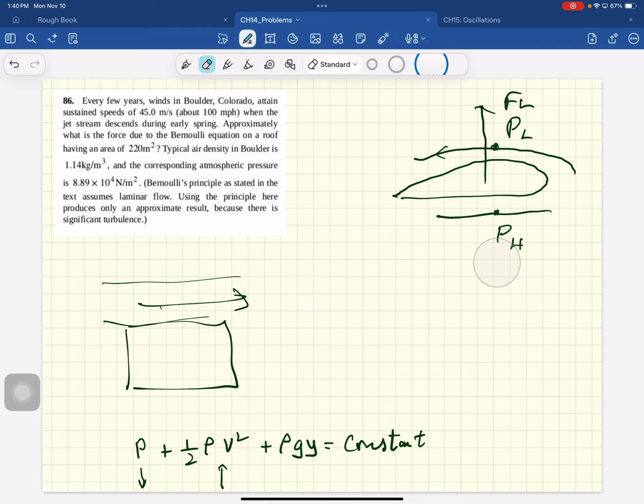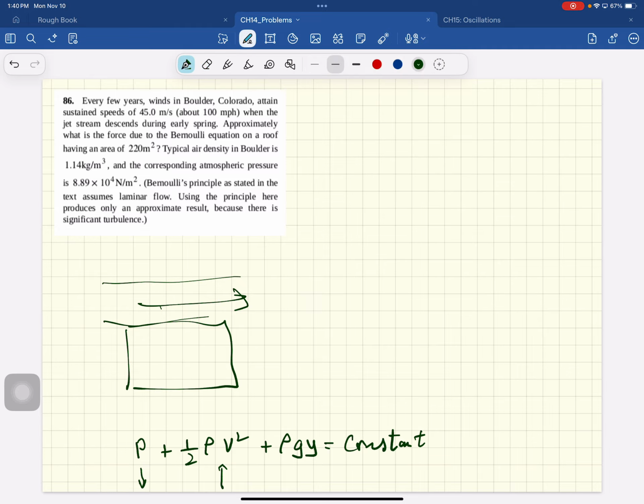Anyway, coming back to this problem: every few years, winds in Boulder attain sustained speeds of about 100 miles an hour when the jet stream descends during early spring. Approximately, what is the force due to Bernoulli's equation on a roof having an area of 220 meters square? 220 meters square would be about half the size of this room.